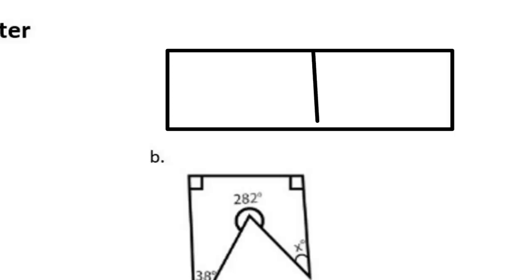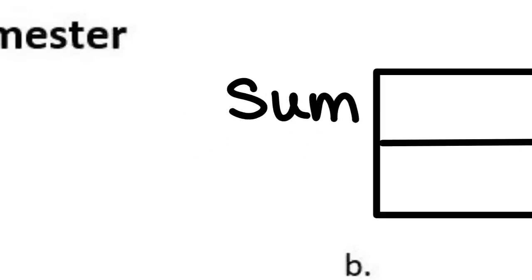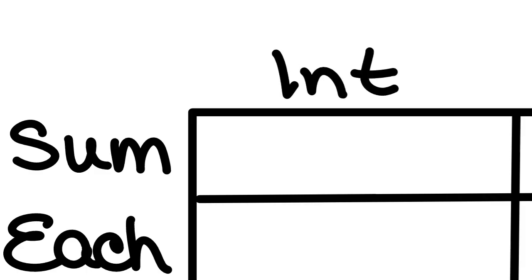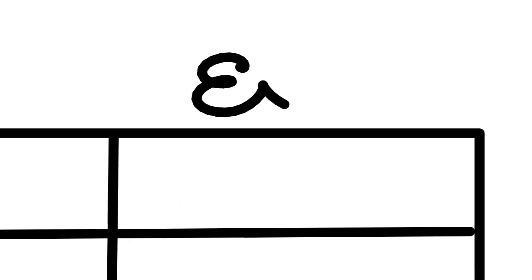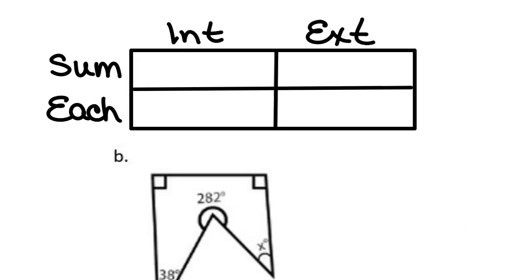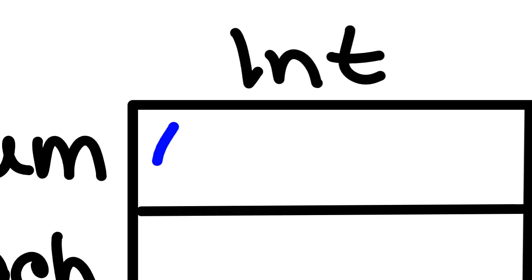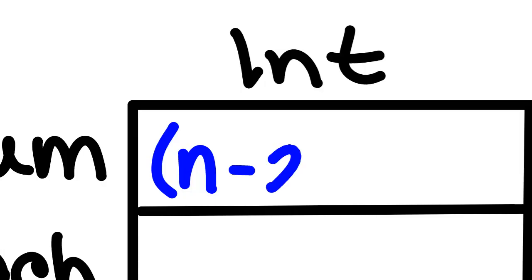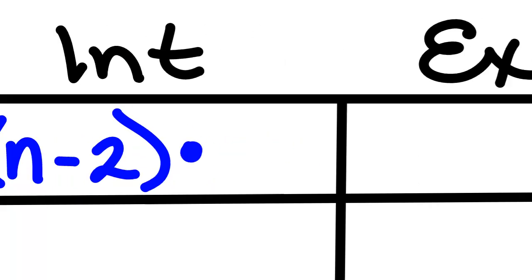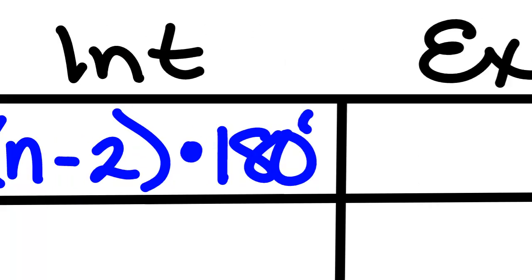We had made a little table, and on that table, we had the sum of the angles, each angle, interior, and exterior. The sum of the interior angles is n minus 2 times 180.